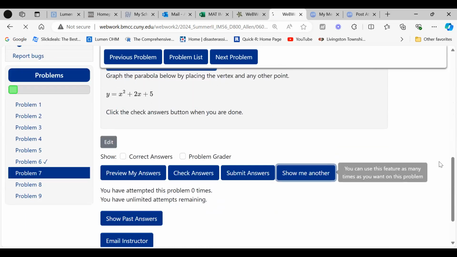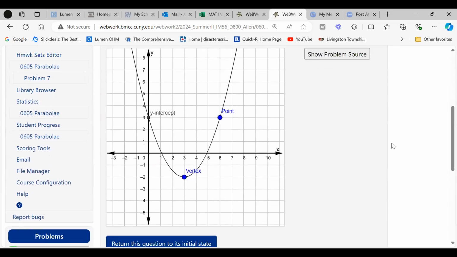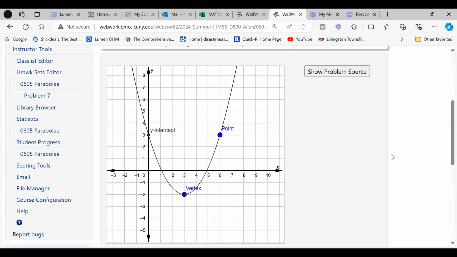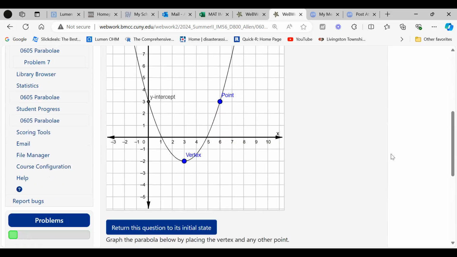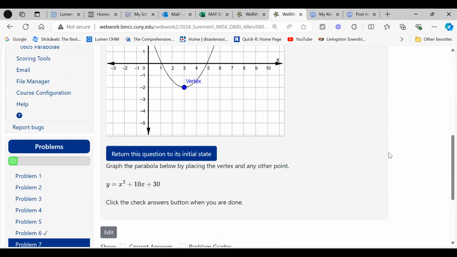That will work. This one does change. So in this case, let's find a y-intercept. Any other point, let's use the vertex and also the y-intercept.